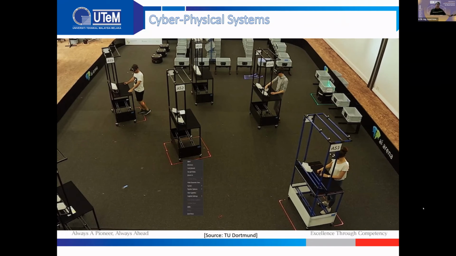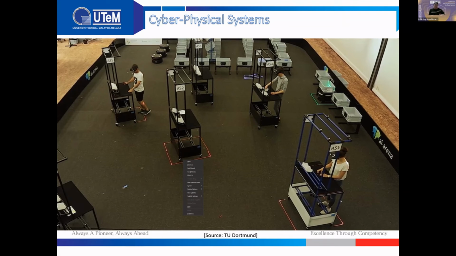I'm not going to let the video end, but what I can explain here is that by using this cyber physical production system, it will help to identify which station is going to be used, and the AGV will bring all the required components to the station, and it will help the operator to assemble and complete the process of this product.